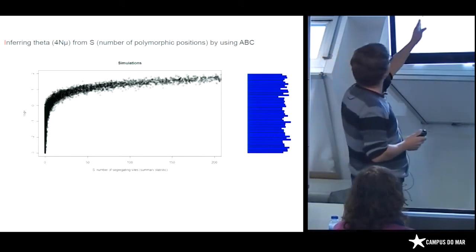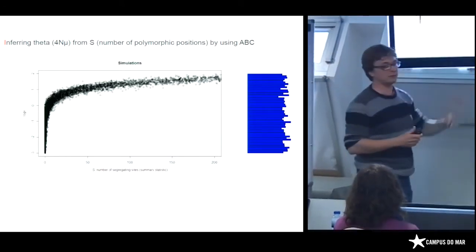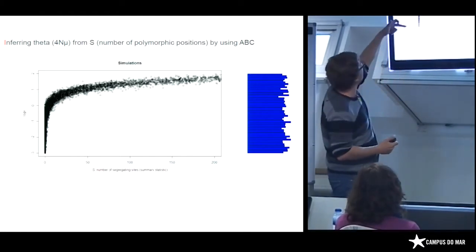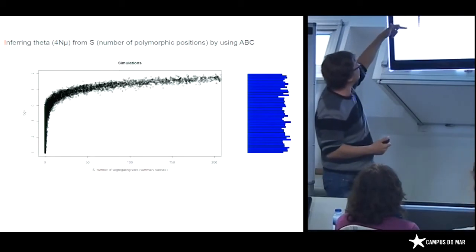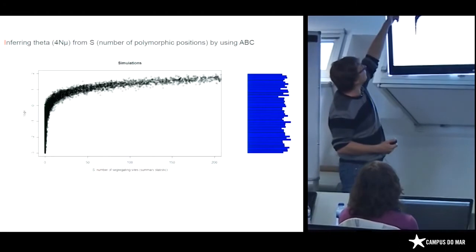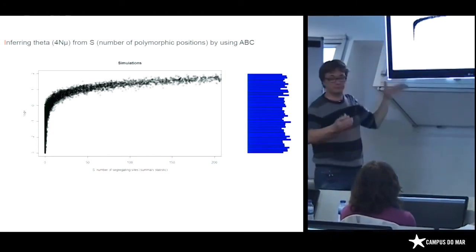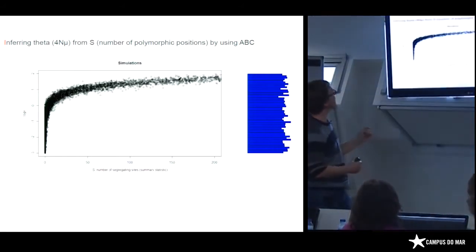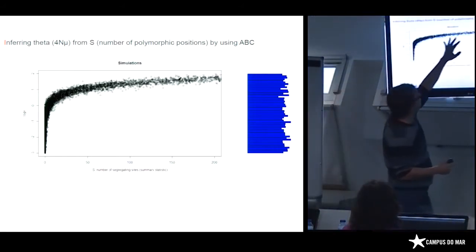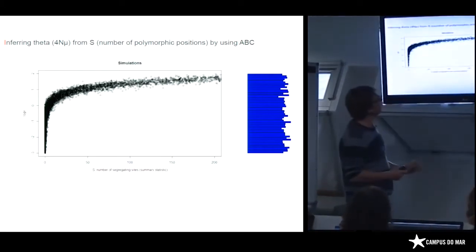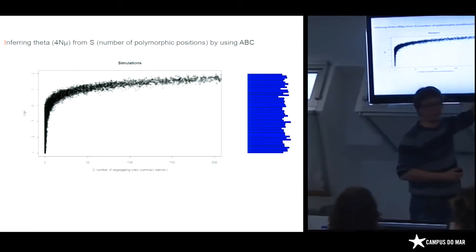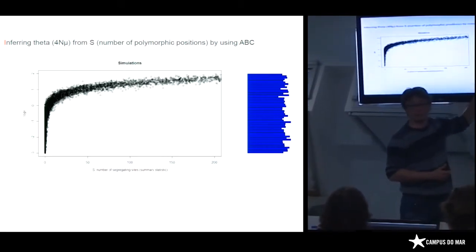All the black points are the simulations. The prior of theta is from 10 to the minus 3 to 100, uniformly distributed, and you produce all these simulations. You see here that the parameter is uniformly distributed.